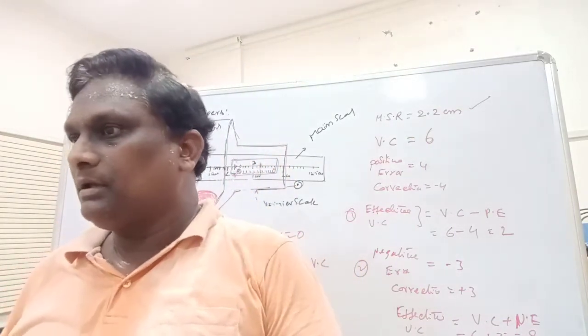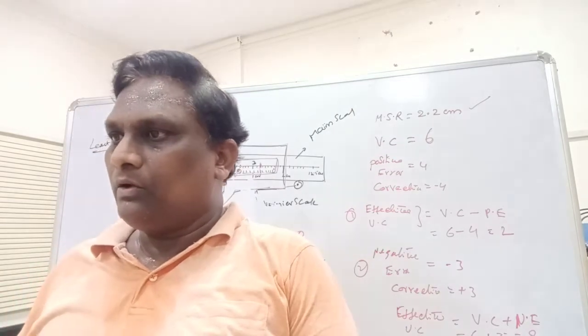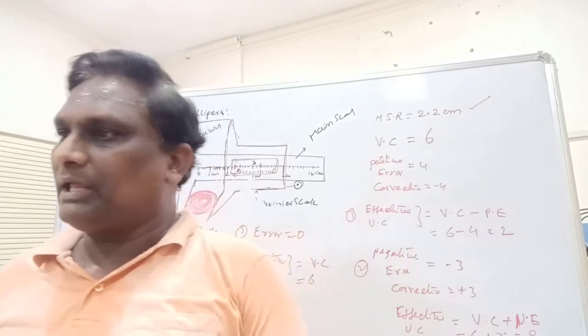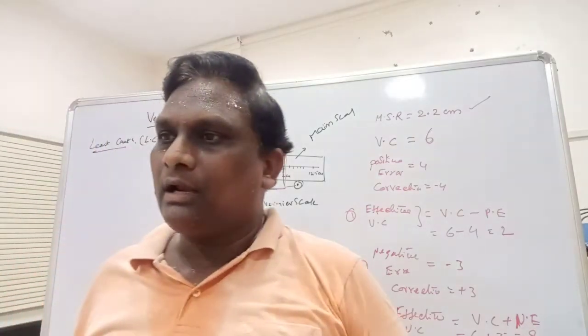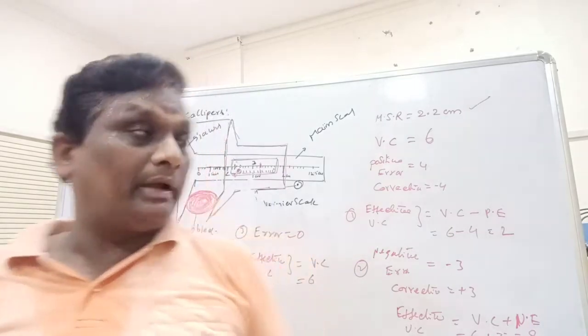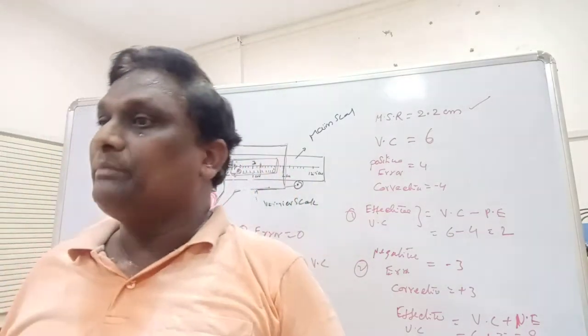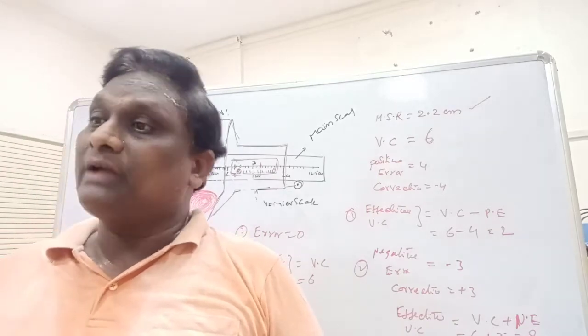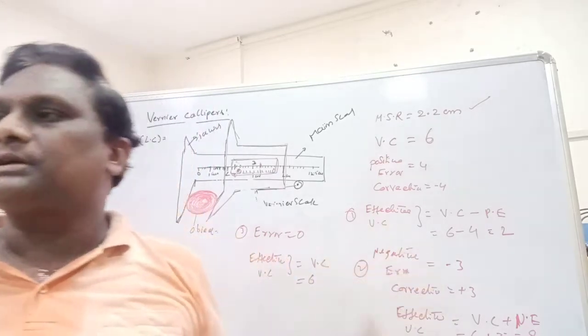Is it correct? For an ordinary scale, we are able to calculate until 1 mm: 1 mm, 2 mm, 3 mm like that. But by using the Vernier scale, what is the minimum value you can calculate? The least value you can calculate, that is the least count.